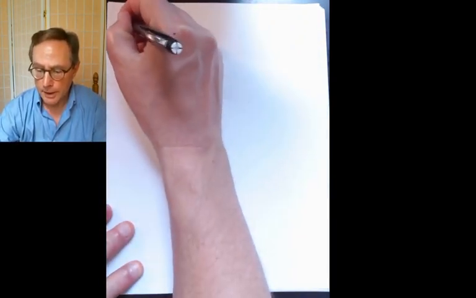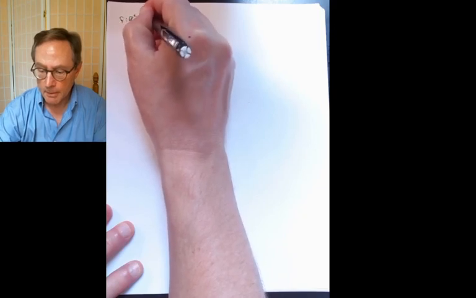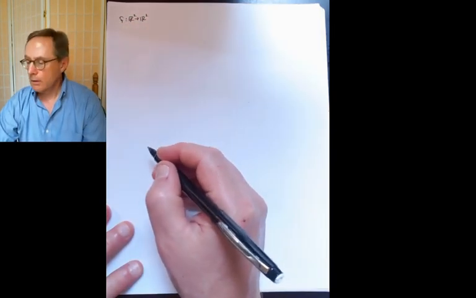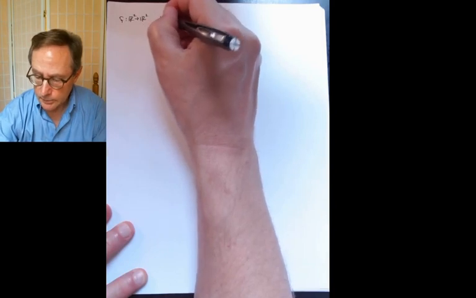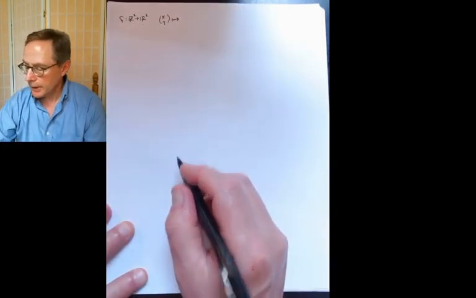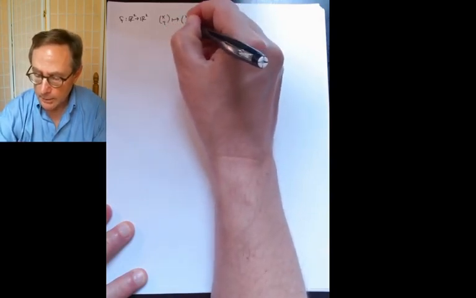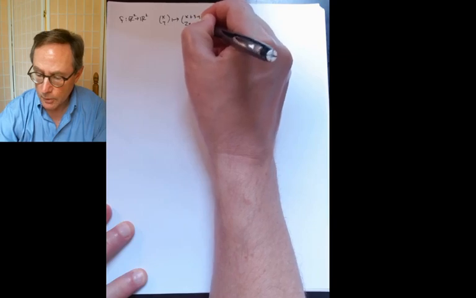Okay, so let's see what I got for a function here. F takes the plane to the plane. Okay, and the action is what? xy goes to x plus 3y and 2x plus 4y.